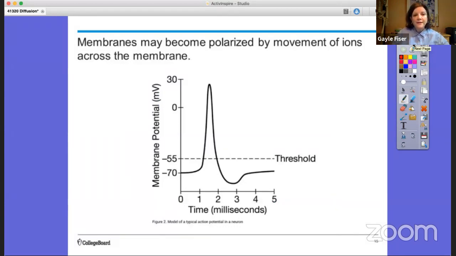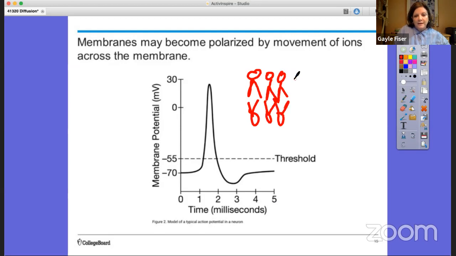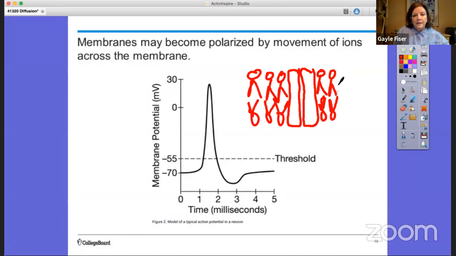Okay, membranes may become polarized by movement of ions across the membrane. So I'm going to draw real quickly. All right, so this is a phospholipid bilayer, my version. And let's say here's our sodium channel, and here's our potassium channel.